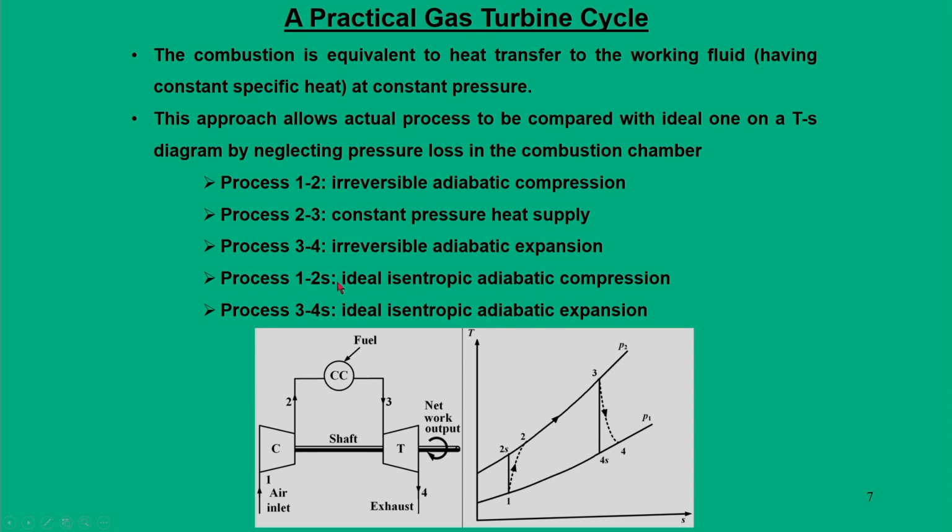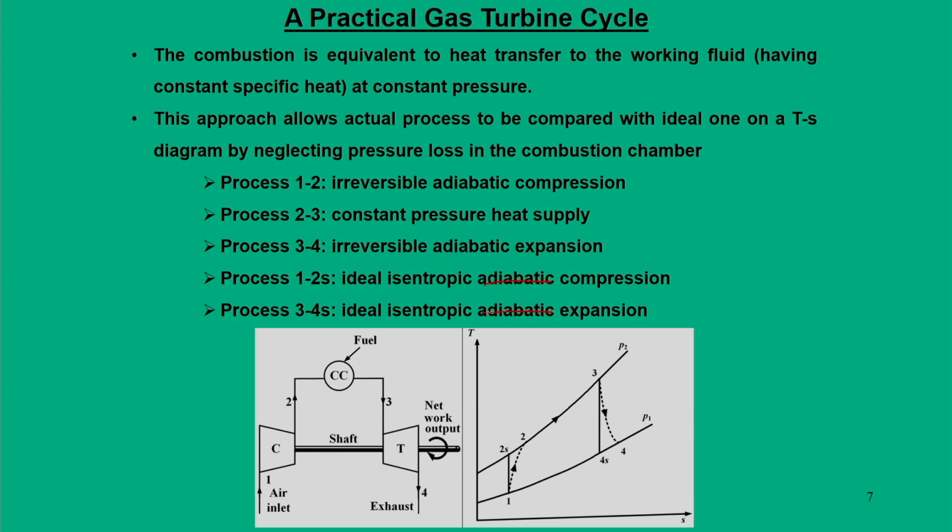So the actual cycle 1 2 3 4 completes, and the cycle starts again from 1. But to give theoretical estimates, we assume that the process would have been isentropic, so we make the assumption of an ideal isentropic compression.